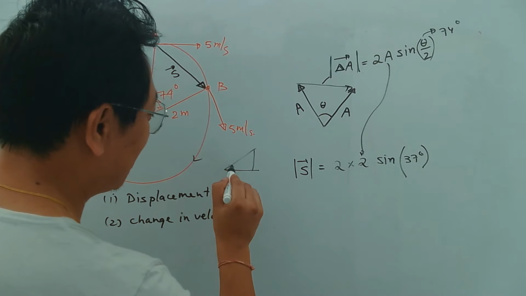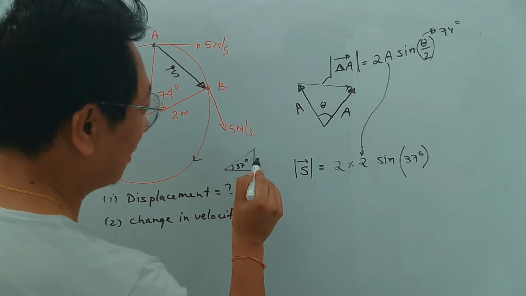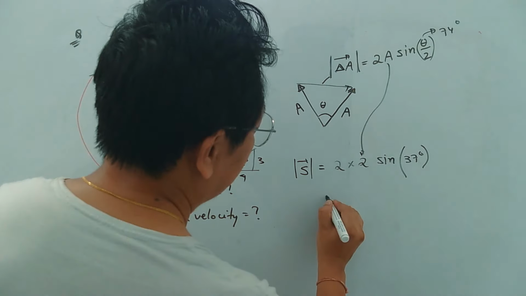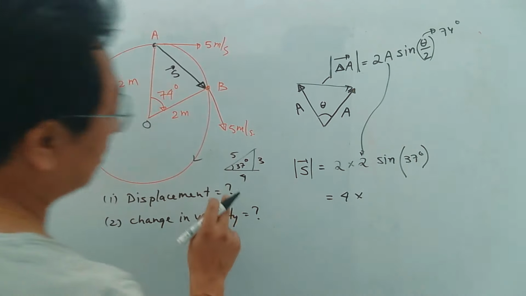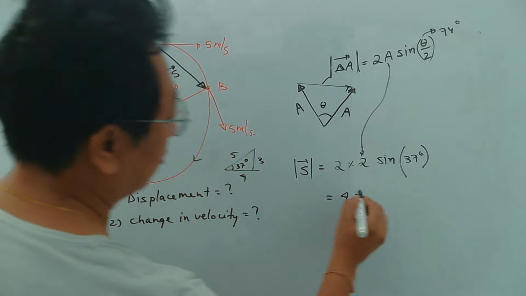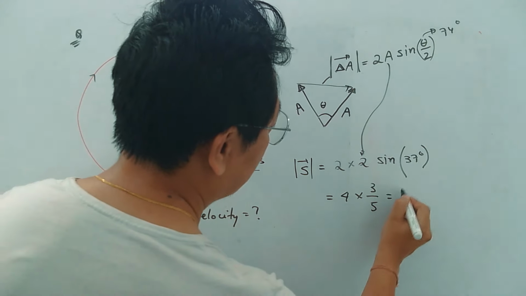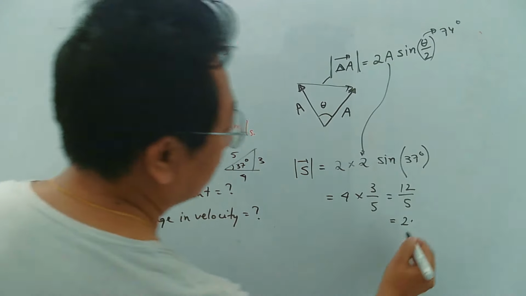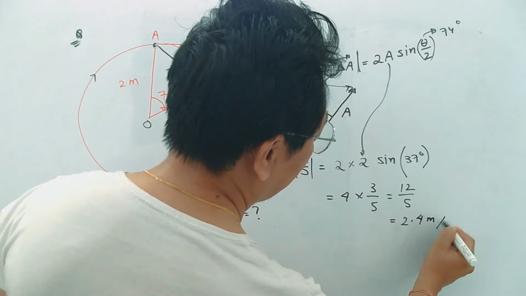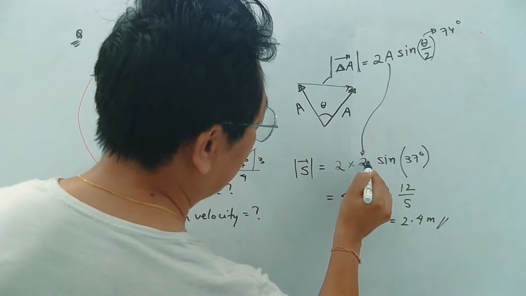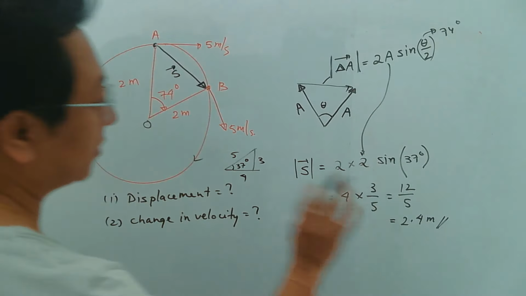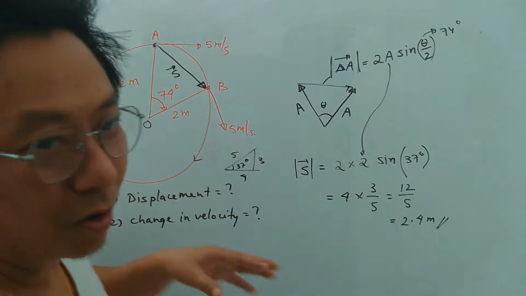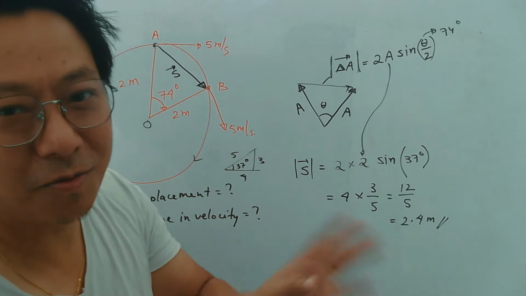Because we know that famous triangle: if this is 37 degree, this is 3, this is 4, this is 5, isn't it? So this is 4 into sine 37, which will be what? 3 by 5, opposite by hypotenuse. So the answer is 12 by 5, which is 2.4 meters. Why meter? Because this 2 was in meter, remember. Okay. So that is the answer for displacement. Immediately we can find it, right? No need to do all that magnitude of difference of vectors.